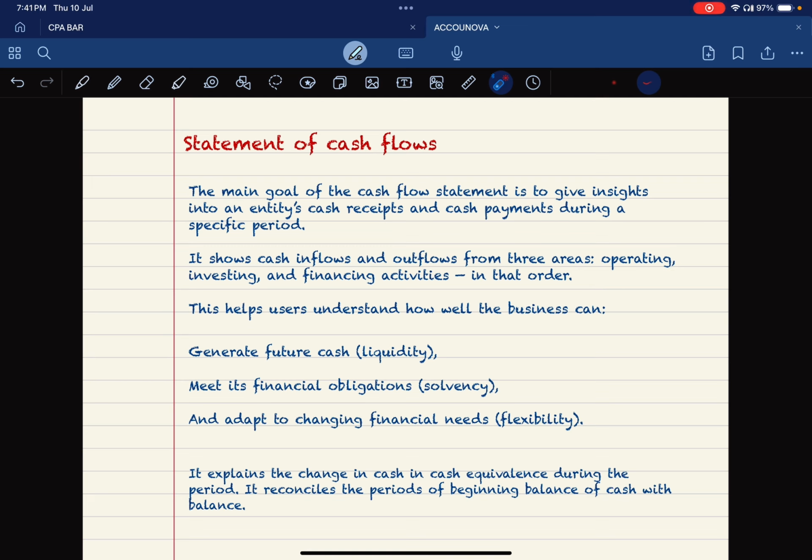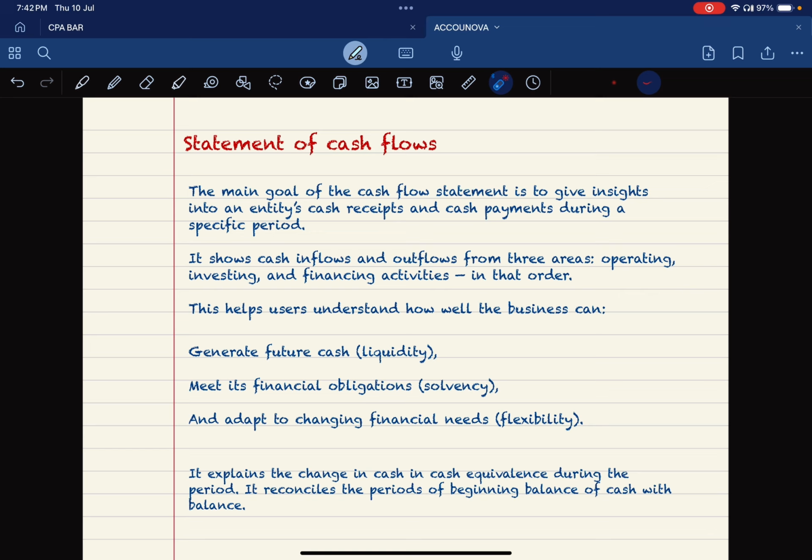So, what's the use of the statement of cash flows? What do the users get by reading it? It helps to understand the liquidity of the business. What's liquidity? Whether the business is able to generate enough cash to pay its vendors, to pay the utility bills, to pay the short-term obligations of the business, so that it keeps the business running.